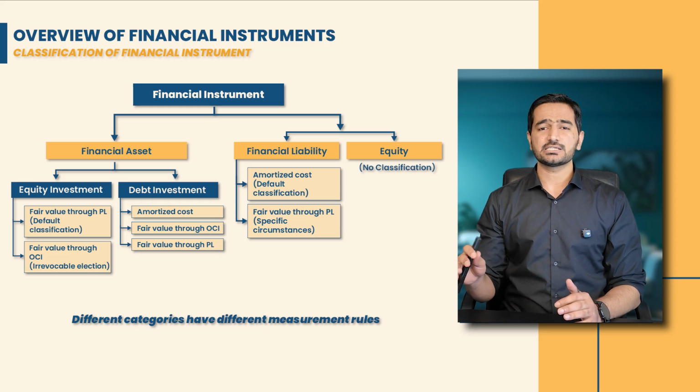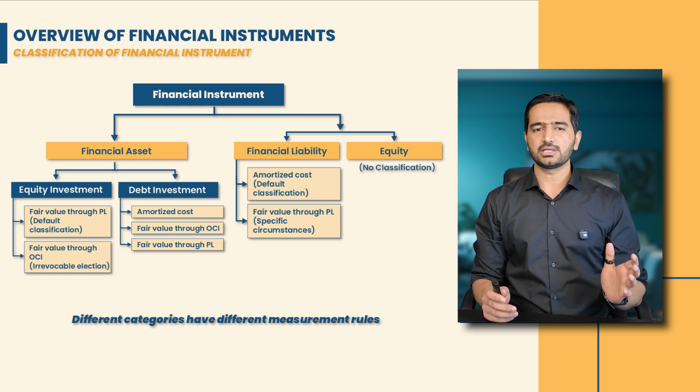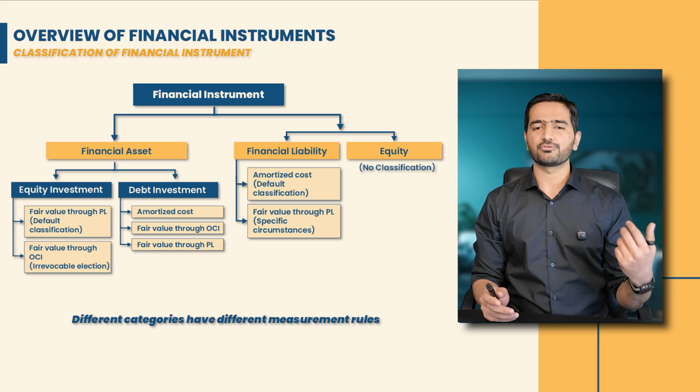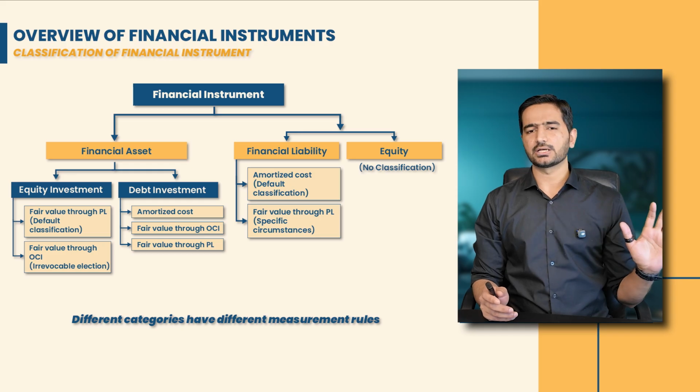If it is a financial asset and it is a debt investment, classification is either amortized cost, fair value through other comprehensive income or fair value through profit and loss. If it is a financial liability, classification is either at amortized cost or fair value through profit and loss. If it is equity, no classification is required.